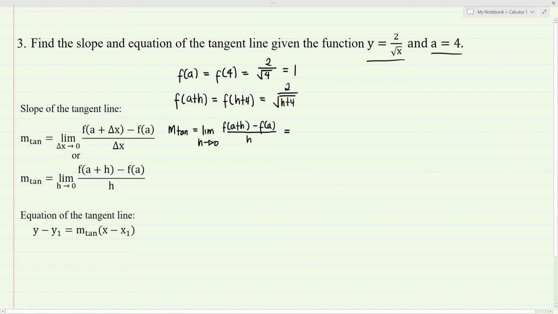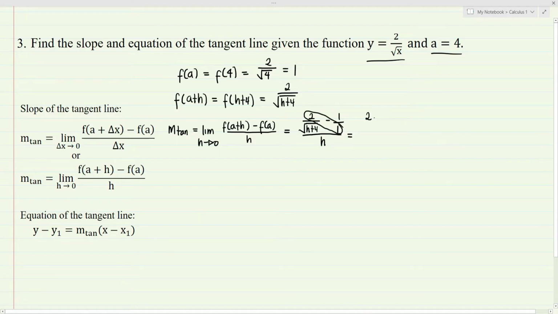Next, plug in our functions. I would have here 2 over the square root of h plus 4 minus f of a, that is 1. I would write here 1 over 1, then divided by h. Let's simplify the fractions in the numerator. I will start by multiplying 2 and 1 here.